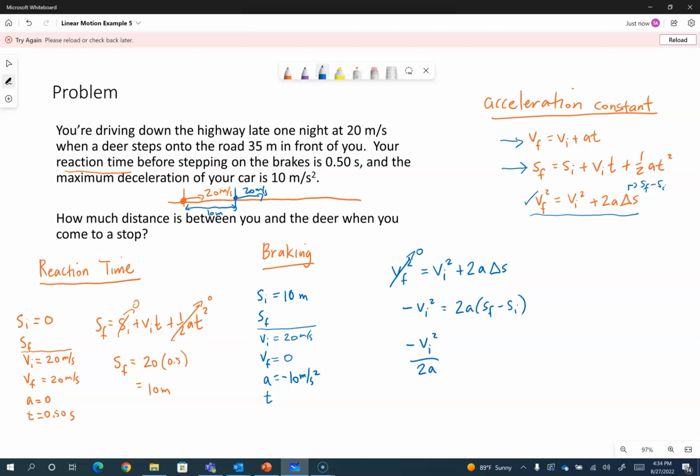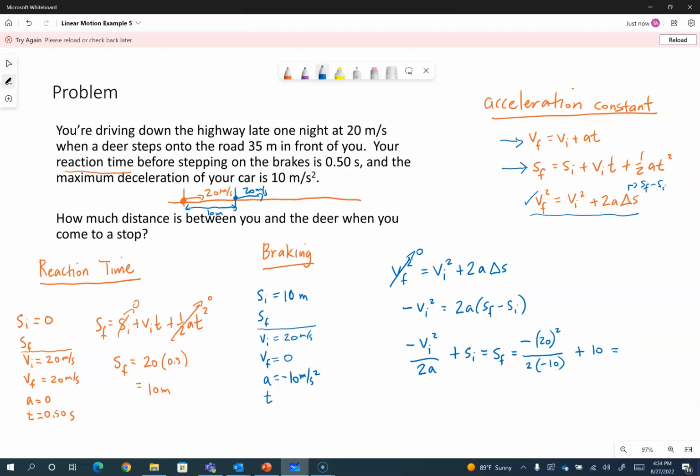So I'll go ahead and divide by 2A and then add S initial to the other side. So minus V initial is 20 squared. The minus sign is outside of the V squared, so I do not square that negative and make it positive. So 2, our acceleration is negative 10, and our initial position was 10, because that's how far we traveled while reacting.